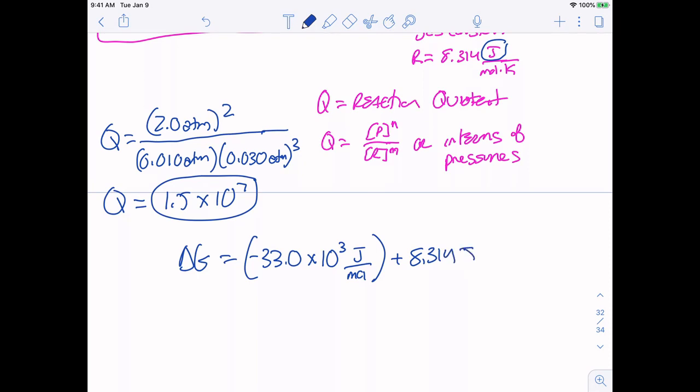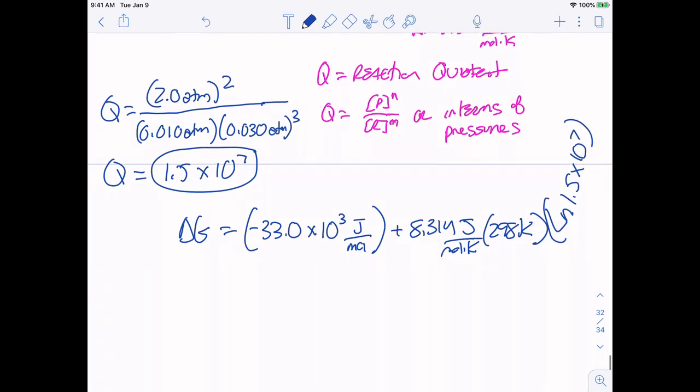So then I'm gonna add to that 8.314, I gotta start writing smaller here, joules per mole Kelvin, multiplied by 298 Kelvin, and then that's multiplied, we're going to go sideways here, by the natural log of 1.5 times 10 to the 7th. So that's my value for Q, and you do need to take the natural log of that number, not log base 10. Be careful, we've been in log base 10 for a pretty long time.